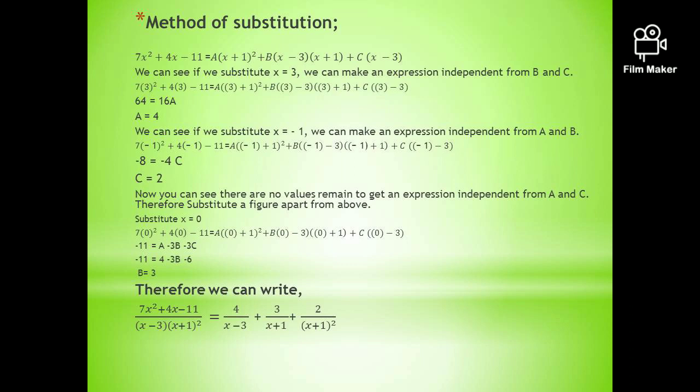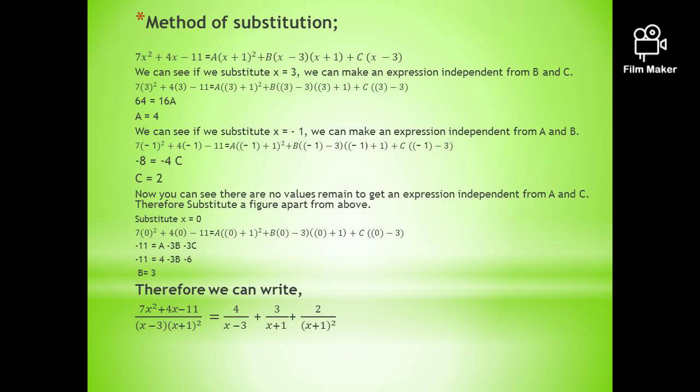Then if you substitute x equals 3 into this expression, you can simply see that in b times (x - 3), 3 minus 3 turns out to be 0, so that b term gets cancelled. Then c times (3 - 3), c times 0, that term also gets cancelled, and you get an expression independent of b and c and only with a.